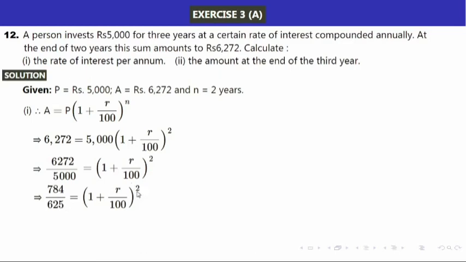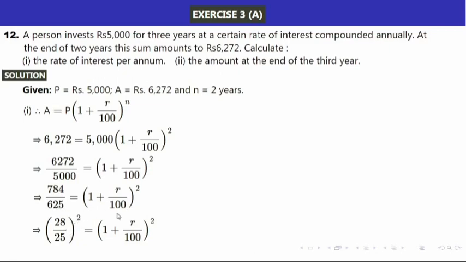Now what is the power out here? Power is 2. So similarly, if you want to express this in the power of 2, then you can write this as 28 square, because 28 square is 784, and this 625 can be written as 25 square, because 25 square is 625.